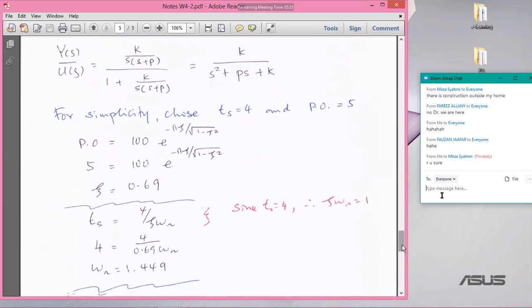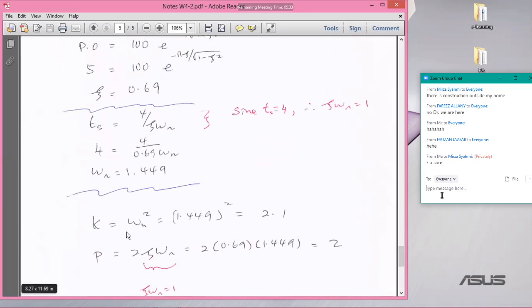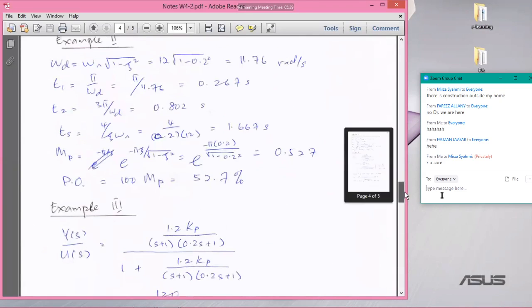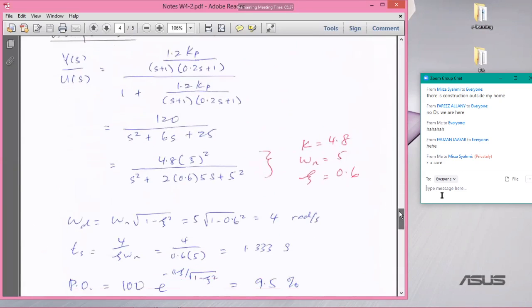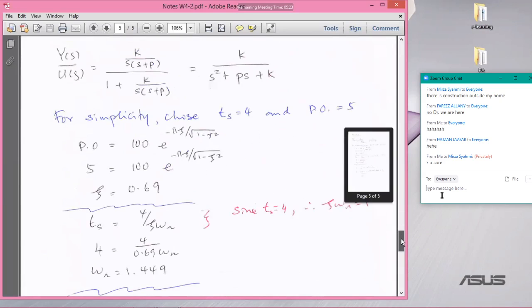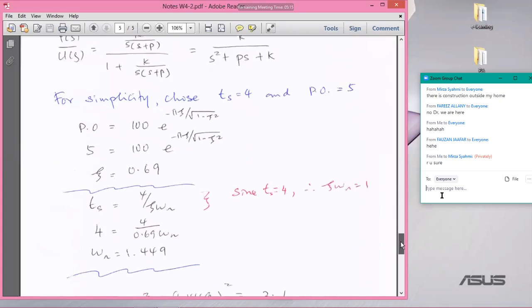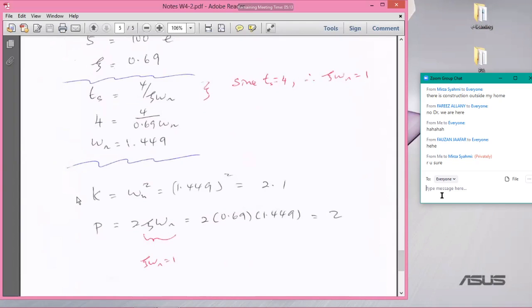You can now solve for K and P. From here you know that K is equal to omega n squared, and 2 zeta omega n is equal to P. So K is equal to omega n squared, and P is equal to 2 zeta omega n, and then you get the value of K and the value of P.